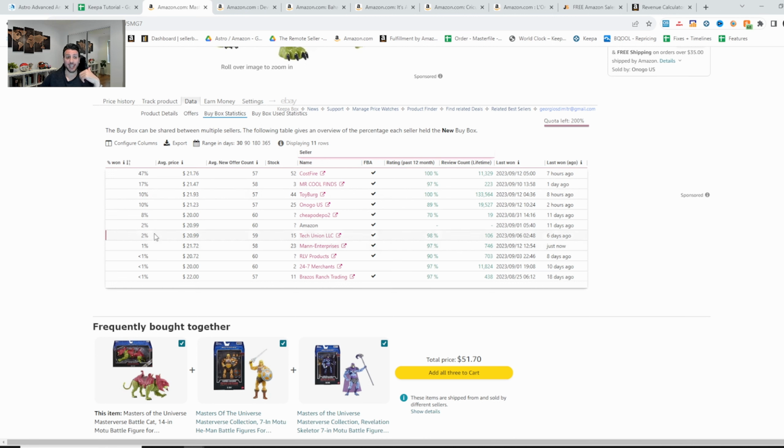What it doesn't consider is the stock level and at what point they got into the listing. So, for example, let's say Crossfire jumped onto the listing. They had 200 units of stock, and you jumped onto the listing at the exact same time as Crossfire, and you only had 50 units. So 50 units compared to 200 units. For the first week or so, you might be getting the buy box 50-50 with Crossfire, and you'll be selling out, and you've sold all your products.